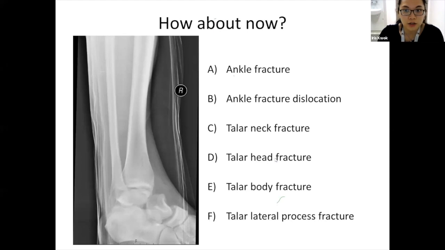Okay, so you can see that now a few more people have decided that it's actually a talar neck fracture rather than the body fracture. So the correct answer is that it's a talar neck fracture.